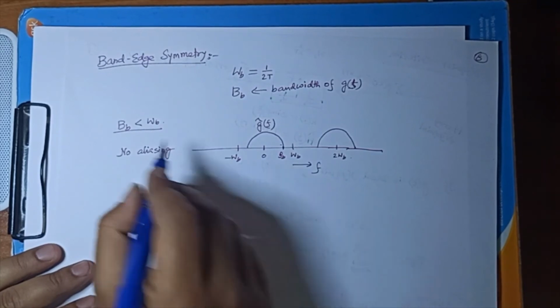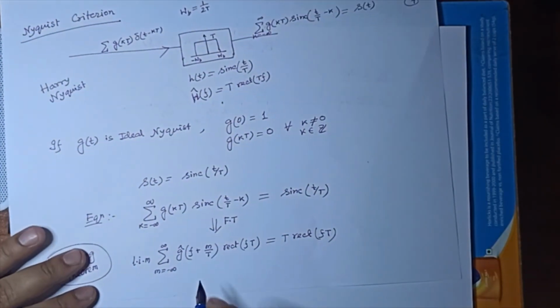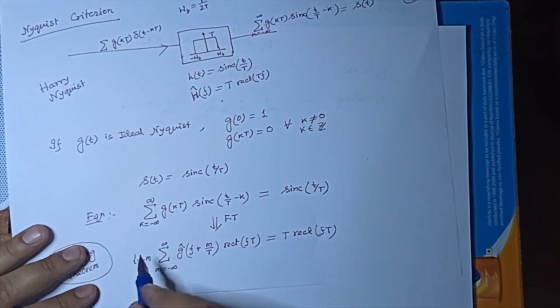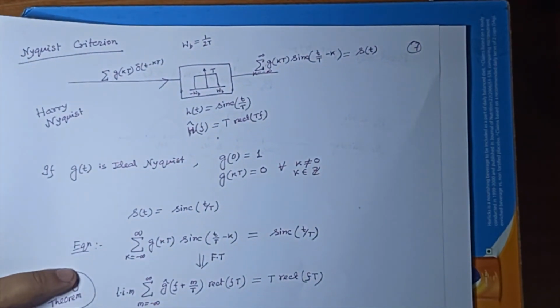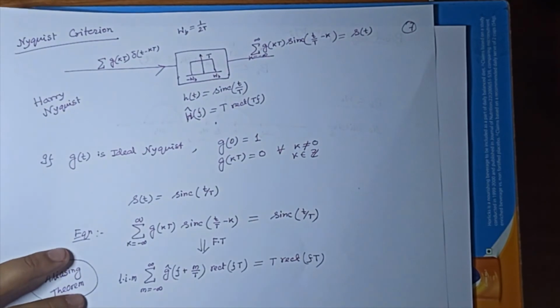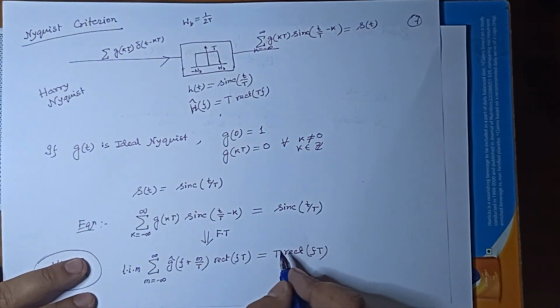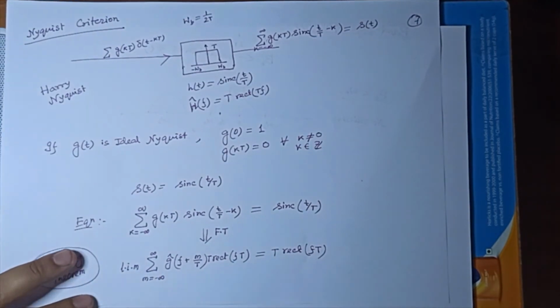So no aliasing is possible, and if there is no aliasing, in this sum you have only one term of M, which is M is equal to 0. Put M is equal to 0, so what will you get? You will get basically G hat F. There will be one T here as well, so that T will cancel out.